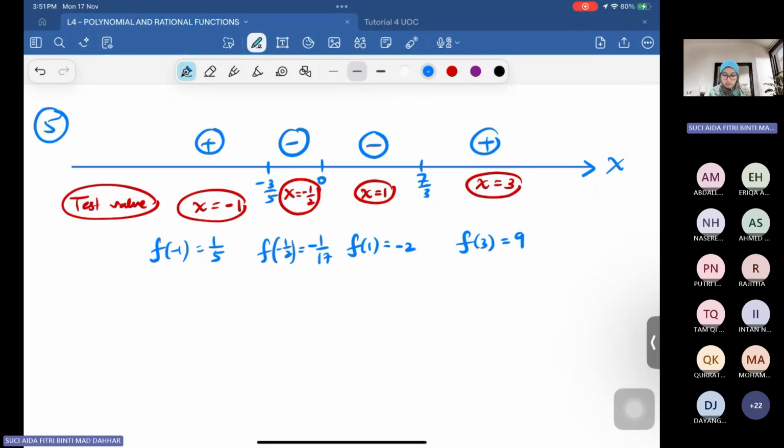Positive, negative, negative, positive. Correct.